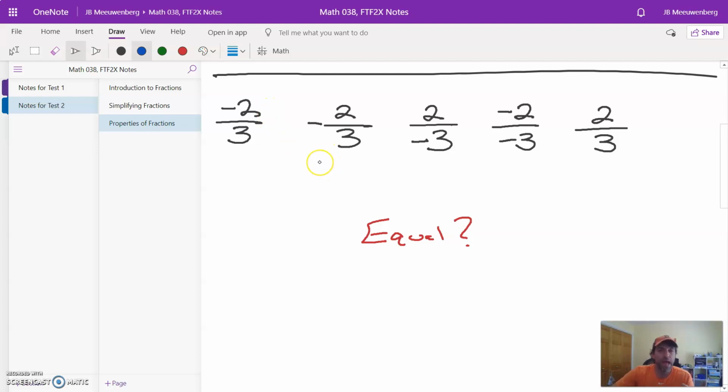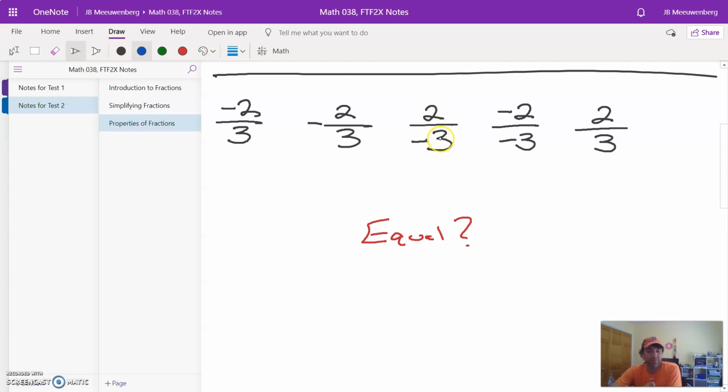You have to think back now to our conversations involving integers and what happens when you're dividing by integers, because a fraction really means divide. -2 on top, 3 on bottom really means -2 divided by 3. And how many negatives do you see there? I see 1 negative. I'm going to jump over to this third one. 2 on top, -3 on bottom.